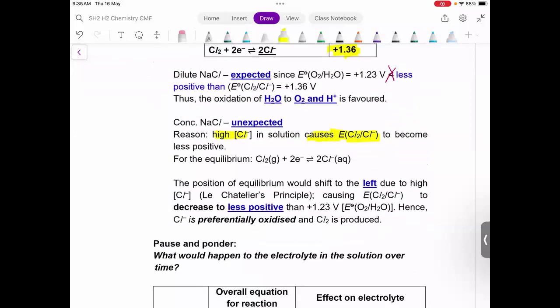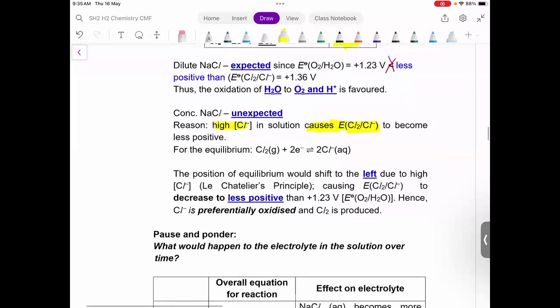When it becomes less positive, it means that it will favor the reverse direction more. So the position of equilibrium will shift to the left due to Le Chatelier's principle. The reverse direction will be more favored. So chloride becomes the one that is preferentially oxidized. In the syllabus, this is what you need to memorize.